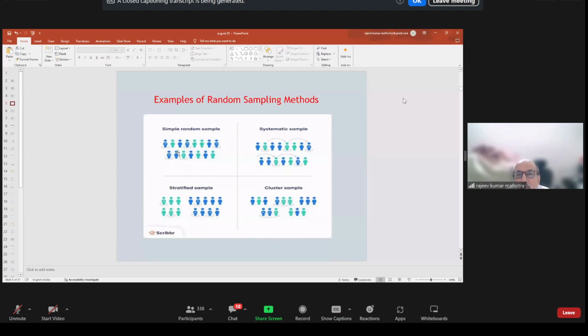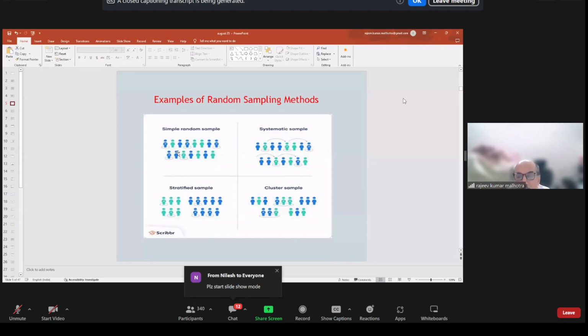So every K-th we will select. For this, we should know the whole list of the population. Generally, this type of list we don't have if we are doing a big survey.